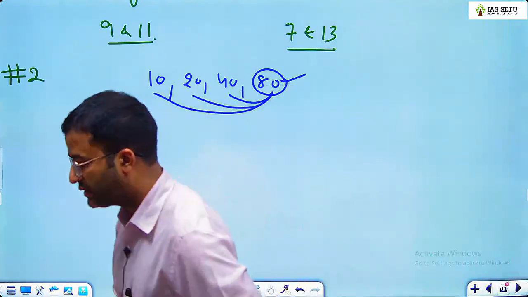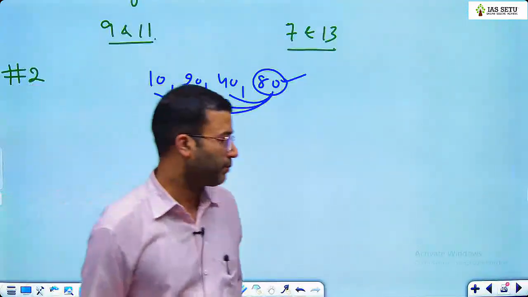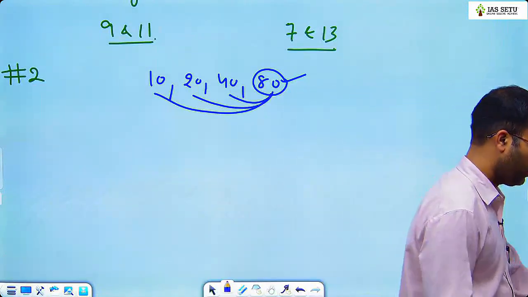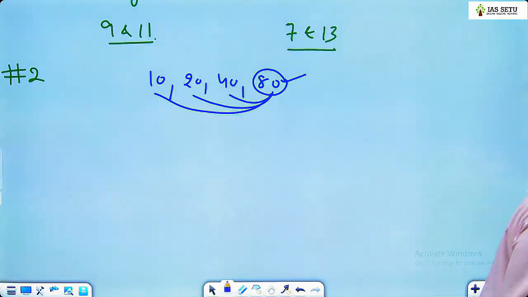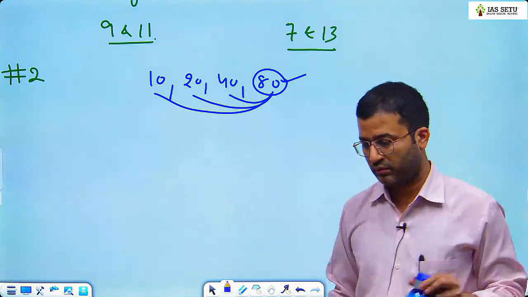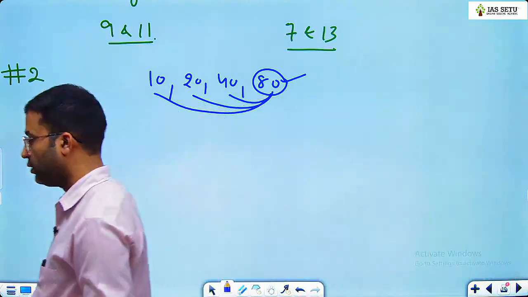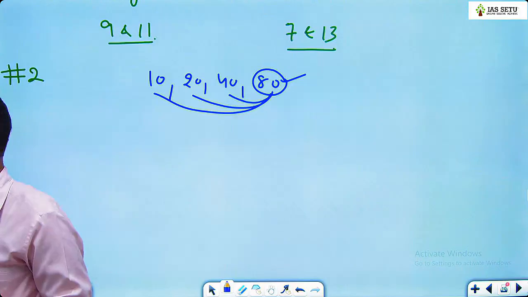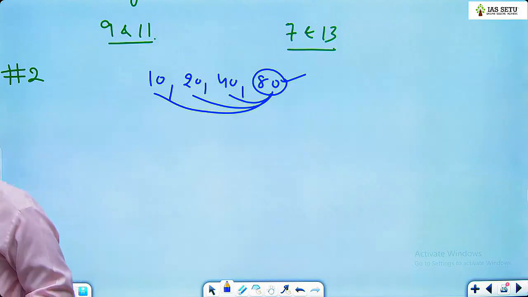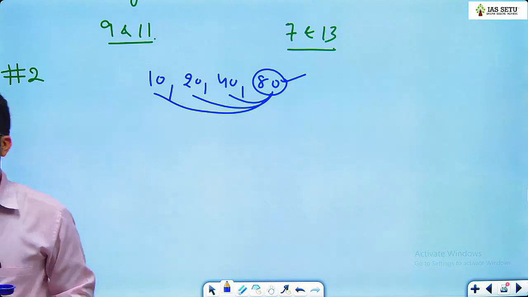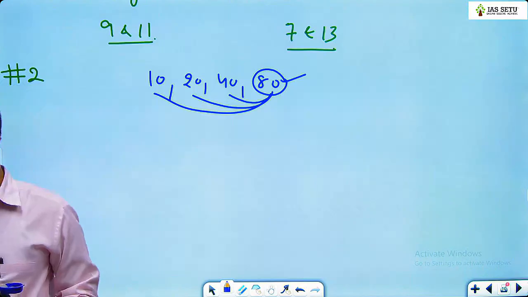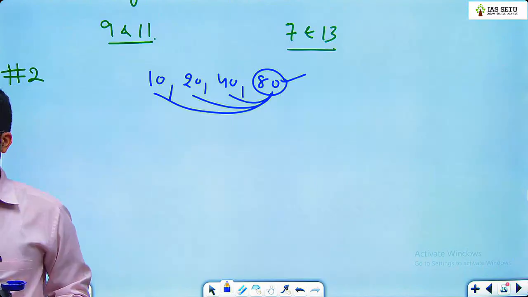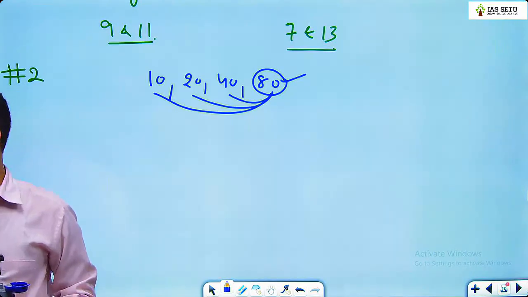First you write this observation. If the largest number is the multiple of all the remaining numbers, then the largest number itself is the LCM.